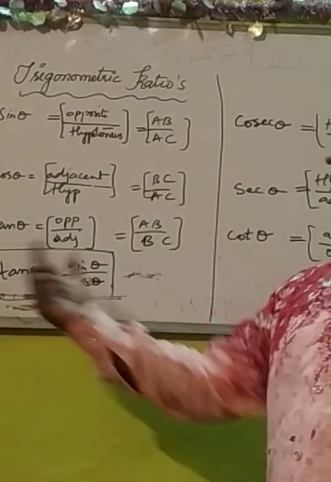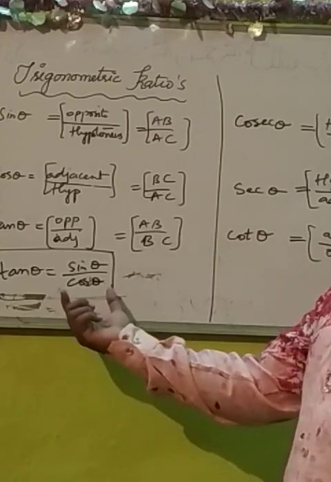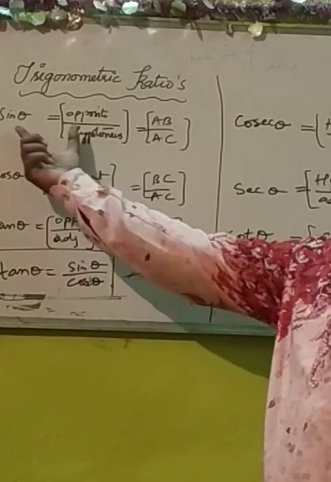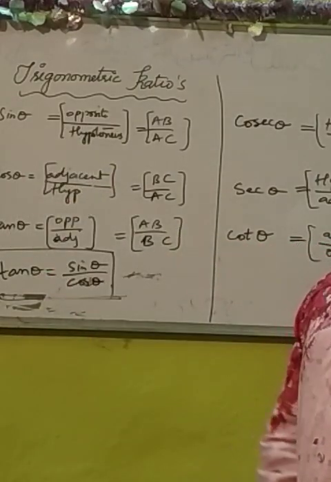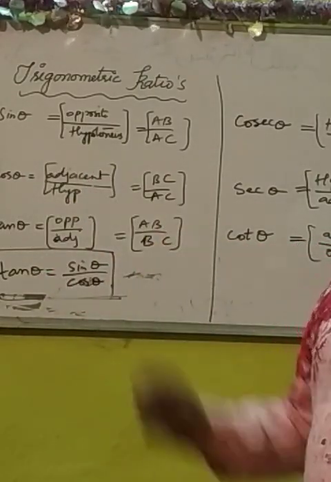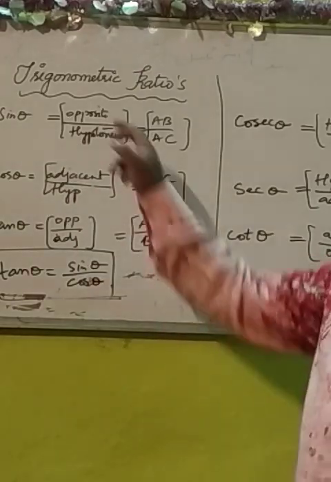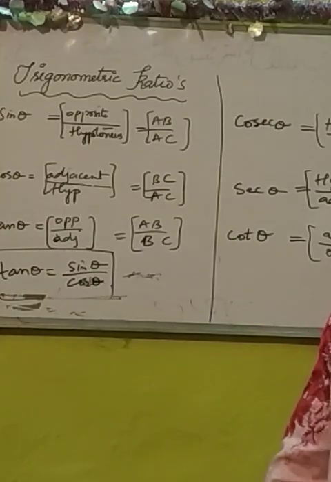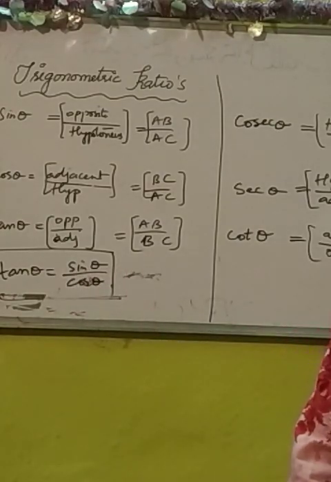So that is the parameter of tan theta. What are we dividing? Opposite by hypotenuse, that is sin theta, by cos theta, adjacent by hypotenuse. The hypotenuse gets cancelled. We get opposite by adjacent, which is our tan theta. So we can conclude this.